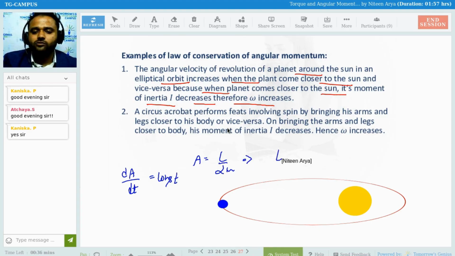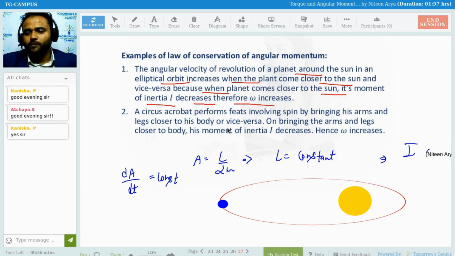So basically L is constant. When L is constant, I omega is going to be constant, and you can say omega is 1 by I, or I is inversely proportional to omega.